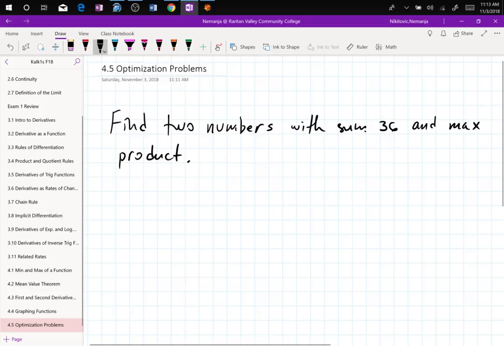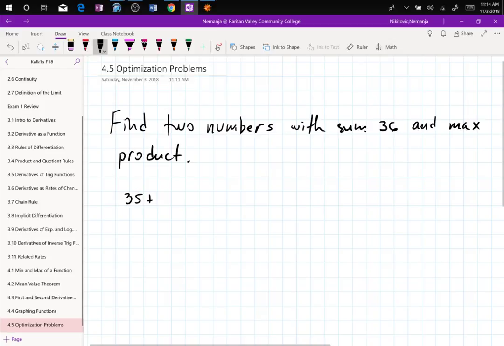So, can you find easily two numbers that add to 36? Yeah, you don't have to think about it too much, like 35 plus 1 is 36, right? You're done. But what's the product?